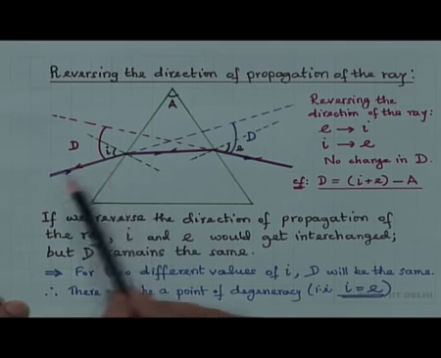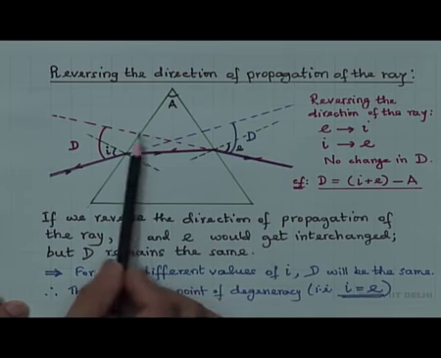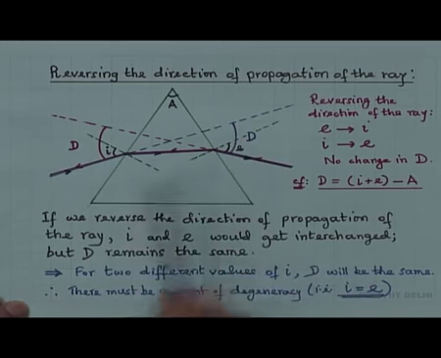In both cases, whether the ray is incident from here or from here, the net deviation is the same, D, it is identical.